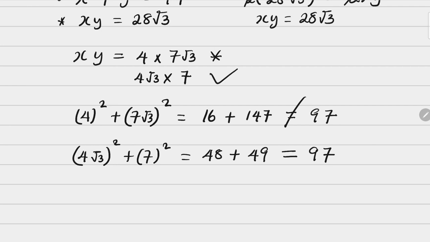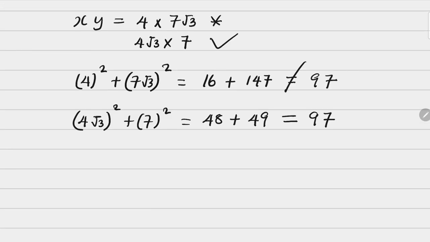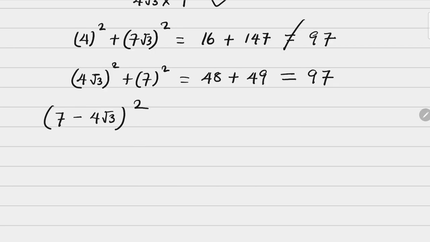So this is the correct thing. What do I mean? I mean that if I have x as 7, so 7 minus 4 root 3, once I square it, it's going to give me 97 minus 56 root 3.